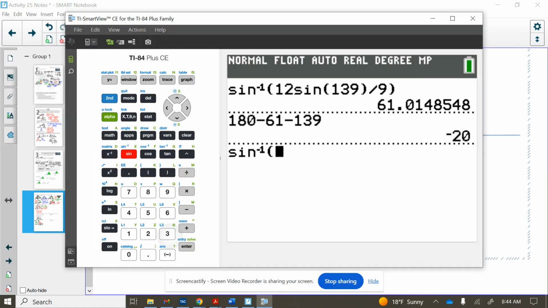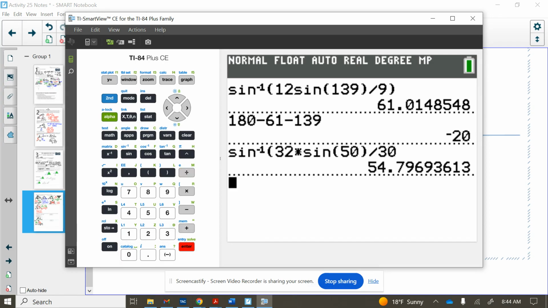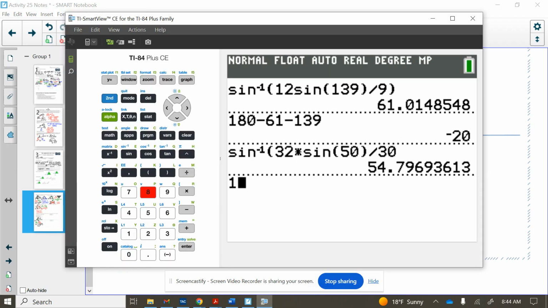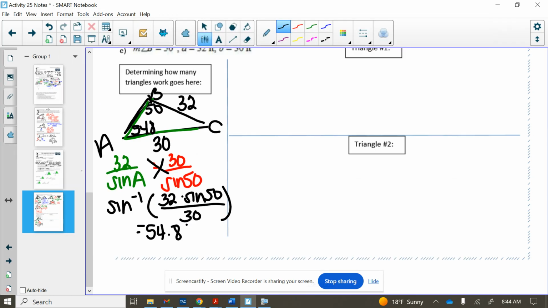So sine inverse of 32 times the sine of 50, all divided by 30, we end up with 54.8 degrees. So that's angle A, and we know that 180 minus 54.8 minus the given angle of 50 is 75.2, so there is at least one triangle that's going to exist here.